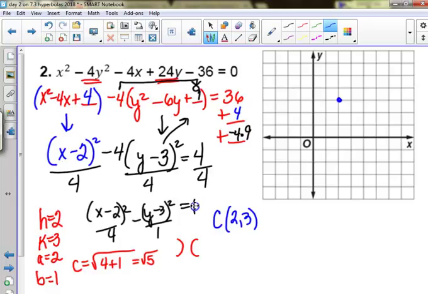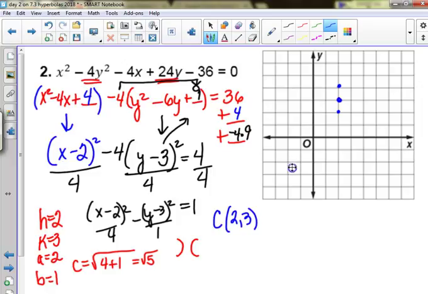Melanie, then what? Anything you want after that. Okay, in the y direction, we're going 1 each way. Only 1, okay? But those aren't the vertices, notice. She didn't say they were the vertices, because they're not.